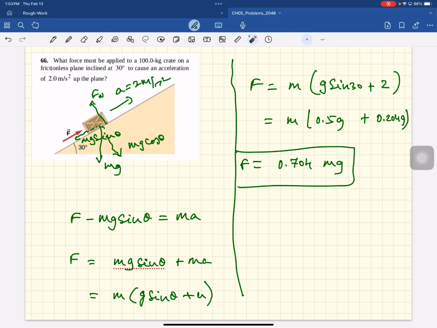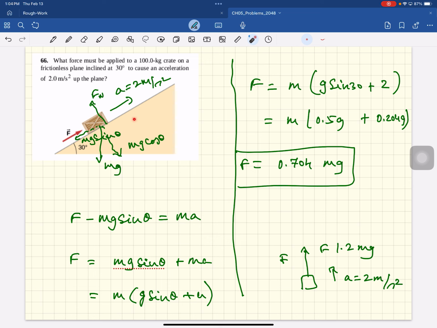If you wanted to lift the object straight up and give it an acceleration of 2 meters per second squared, the force you would have to apply is mg plus that, which would have been 1.2 mg if you lifted it straight up. By going up the incline, you're only applying a force of 70% the weight of the object.